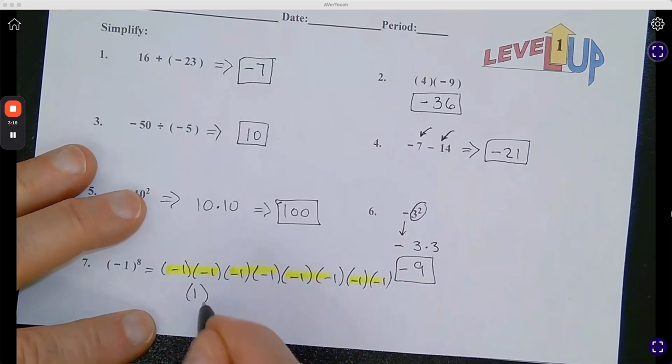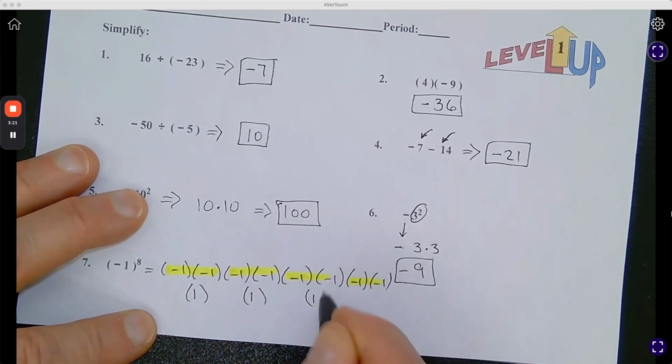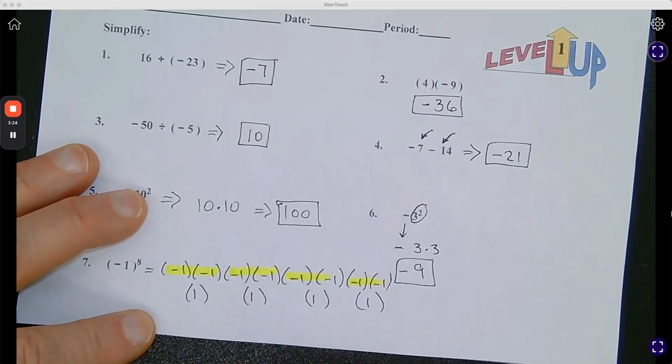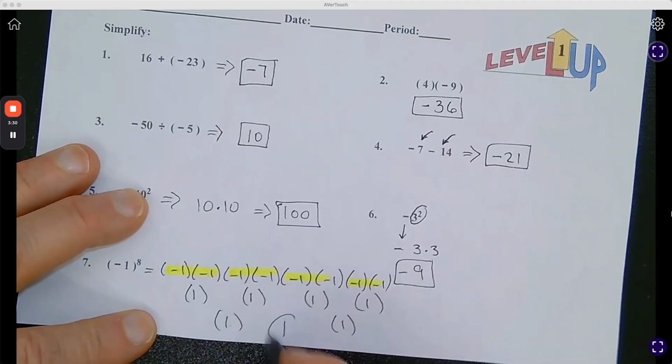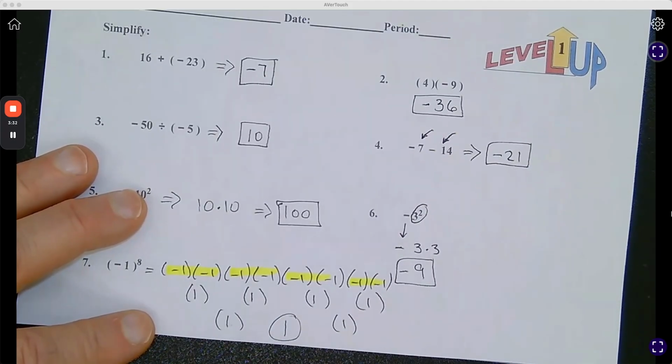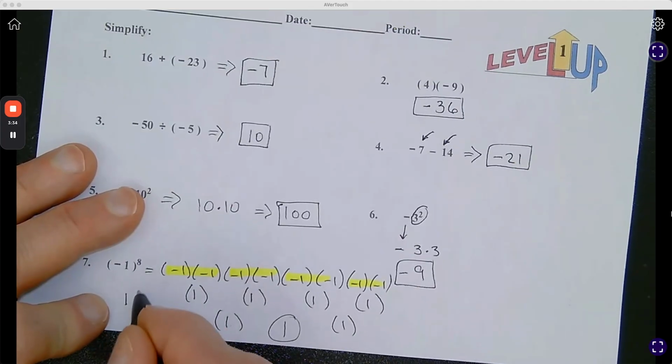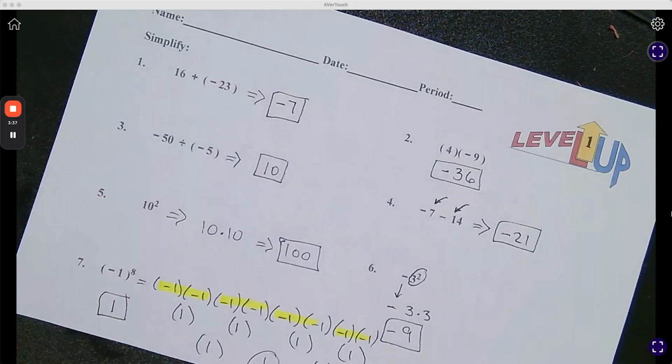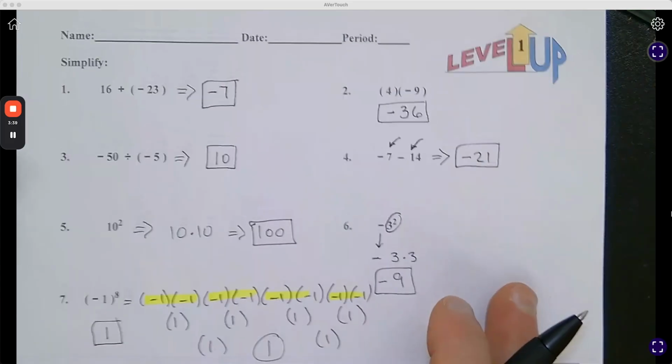So that's a positive 1, that's a positive 1, that's a positive 1, that's a positive 1. 1 times 1 is 1, 1 times 1 is 1. Now multiply those together, you get 1. Wow, that's a lot of 1s. I hope that made sense. It was kind of weird how I did that, but you know, weird works.